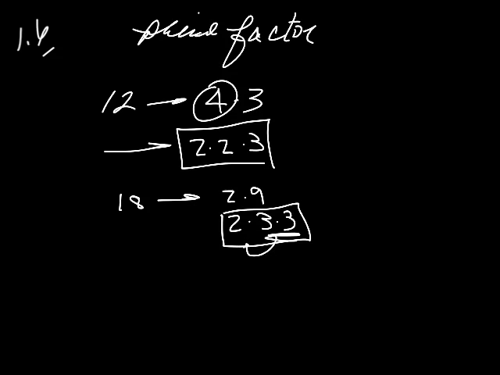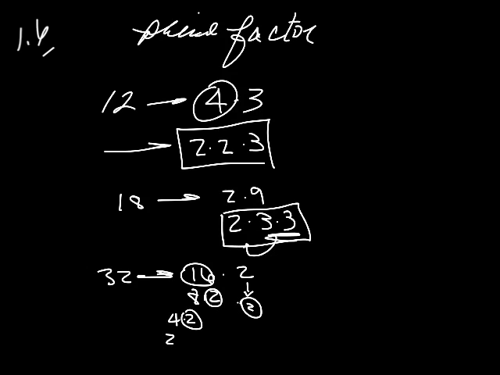If I have something like 32, well, let's see, 16 times 2 is 32, but since 16 is not a prime number, we make that 8 times 2, and then we bring down this times 2. But 8's not a prime number, so we make it 4 times 2. So that's prime, and that's prime, but this 4 is not, so we make it 2 times 2.